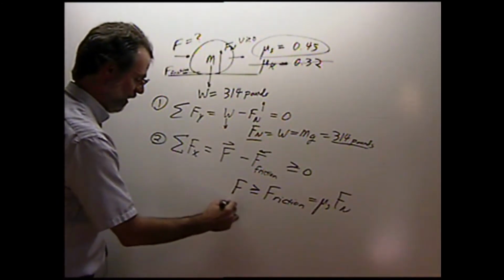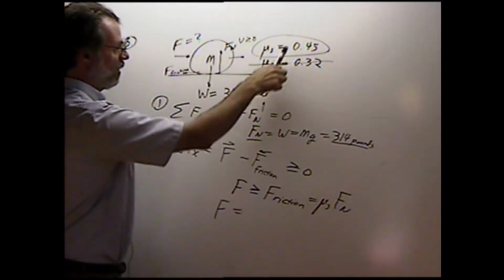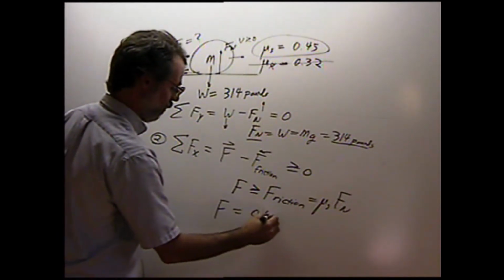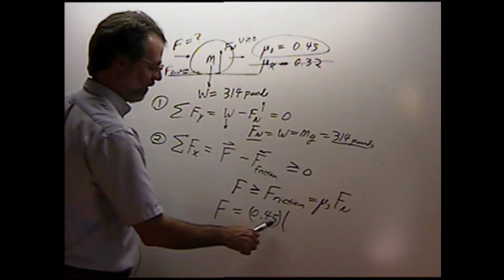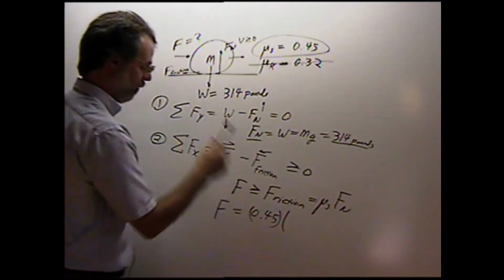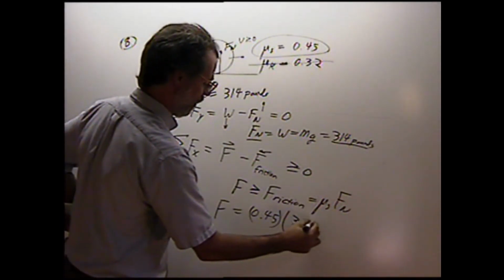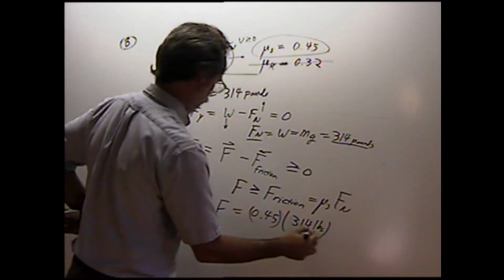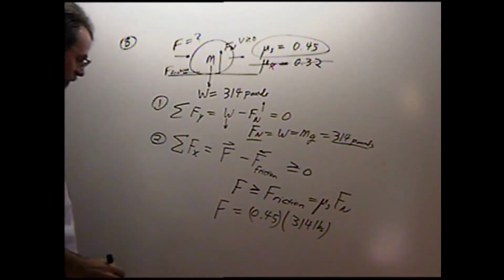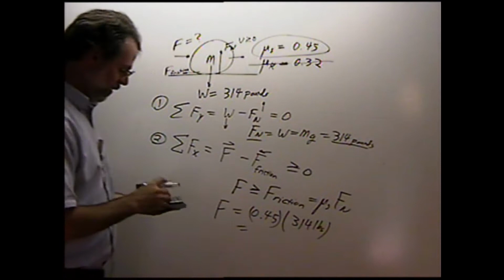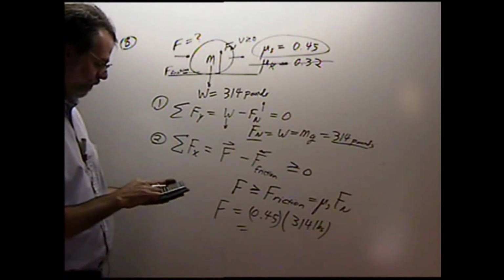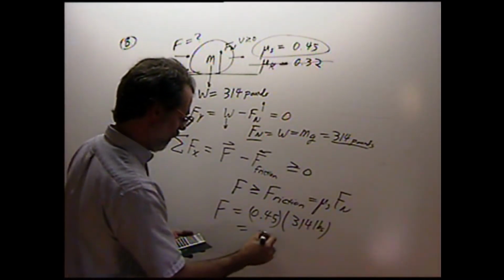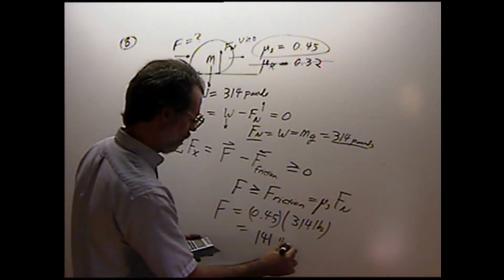So the force he has to overcome is 0.45, the static coefficient, times the normal force, which is 314 pounds, which is 0.45 times 314, 141 pounds of force.